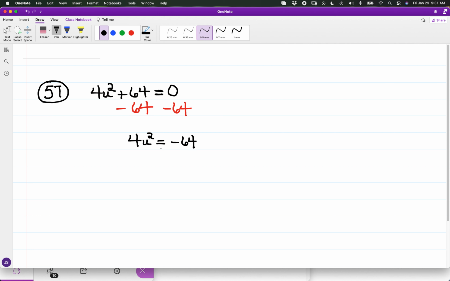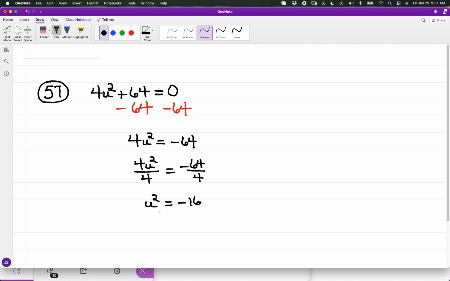Now you have the u squared term by itself, and if I take care of the coefficient 4 by undoing the multiplication, dividing both sides by 4, we now have u squared is equal to negative 16.